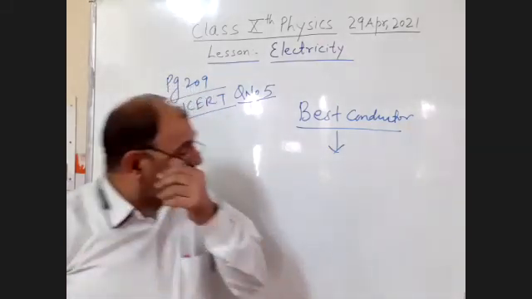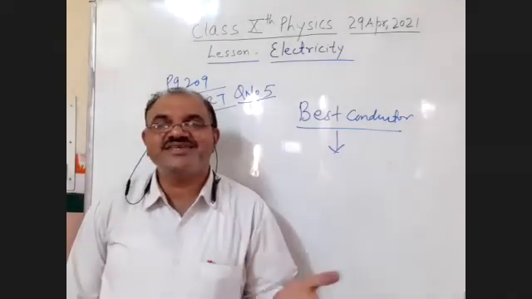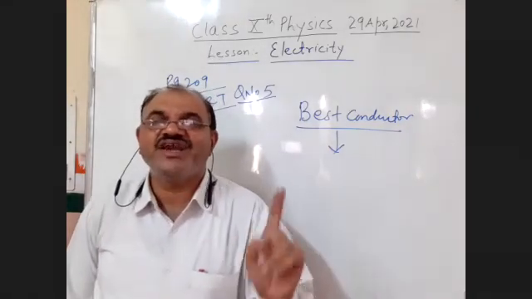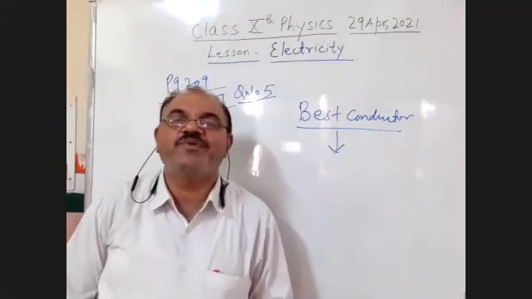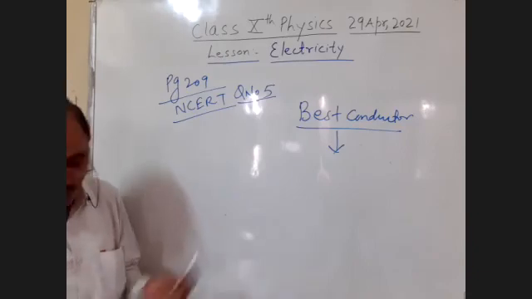The best conductor should have the lowest resistivity. The material which has the lowest resistivity will definitely be the good conductor. Hence, going through table 12.2 given in your NCERT books, silver has the lowest resistivity.